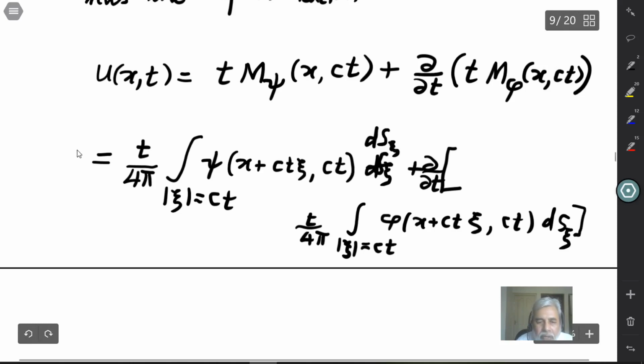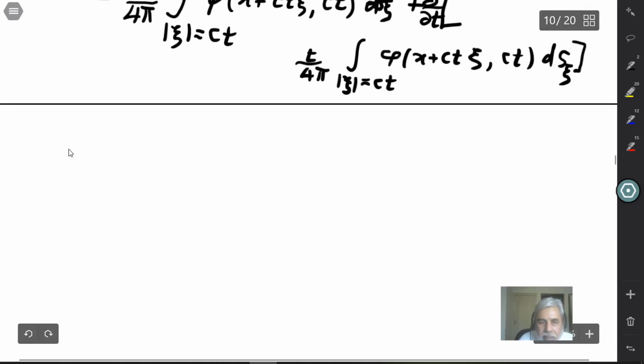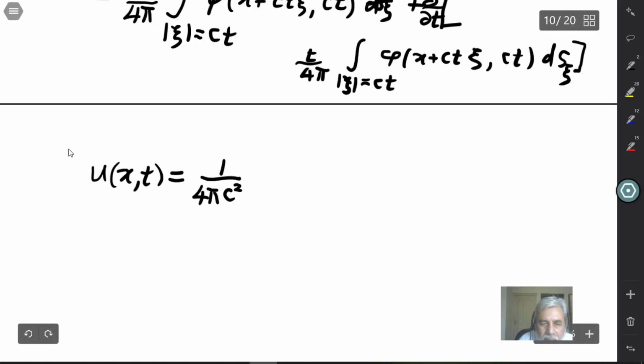Again, by change of variable, we can write this as 1 by 4 pi c squared t, surface integral over mod y minus x equal to ct, psi of y dS_y.